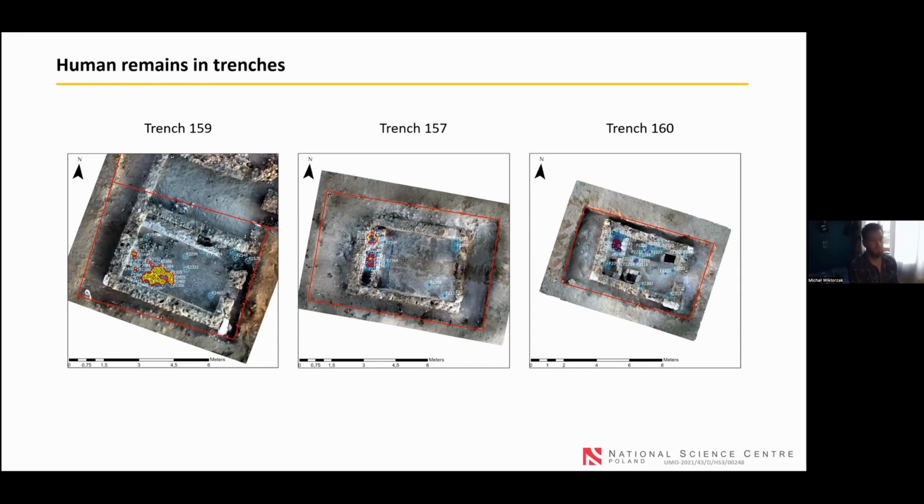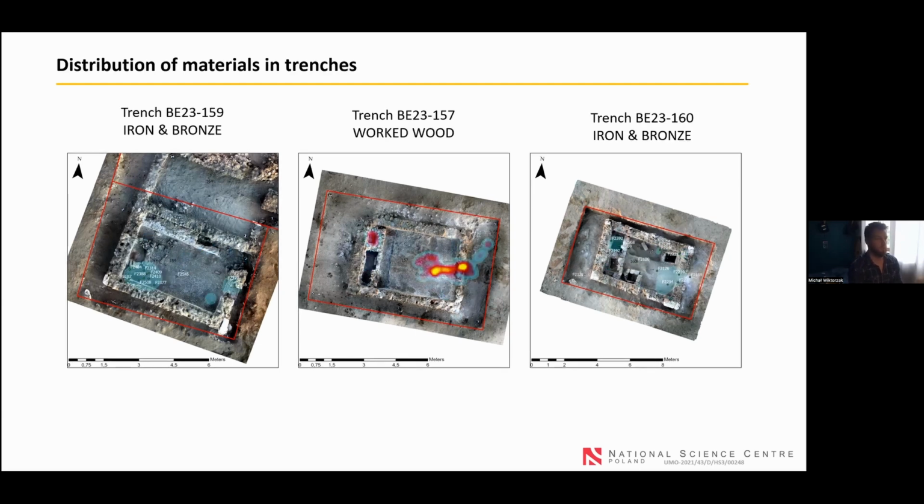However, it is needed to check other trenches and other areas to see if this pattern appears in every other situation. In the trench that Emilia was talking about, it was also mentioned that there were big numbers of wood pieces, and as you can see, it's near the entrance, so it heavily suggests that there might be a door, and this pattern also repeated in other trenches that were presented.